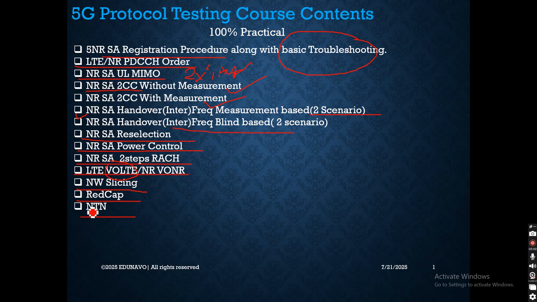We will discuss the concept, and then we'll see the set of parameters from the UE perspective and the gNodeB perspective, what we need to configure, and then, last but not the least, how we can validate whether NTN is working or not.